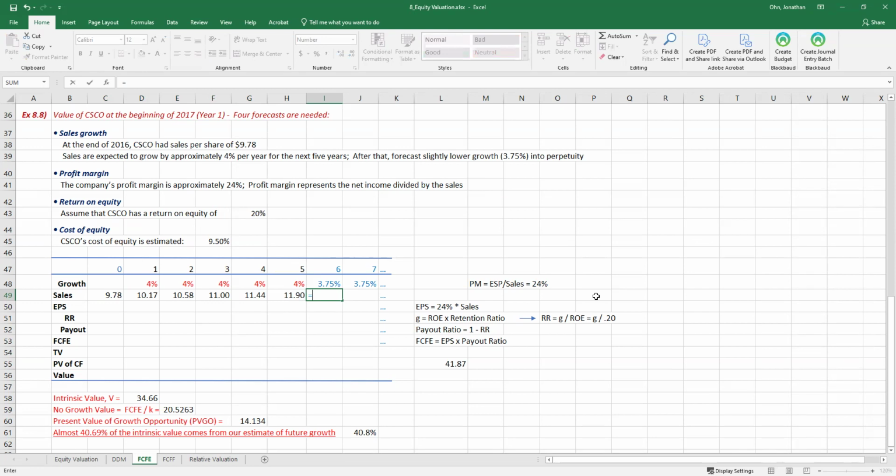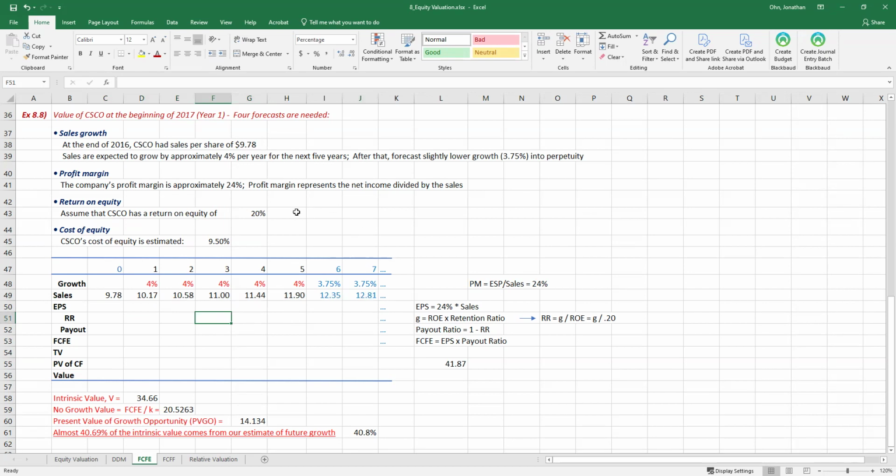So let's do this one: previous one times 1 plus 3.75% increase. And the same thing for the next year, so let's just copy and paste. These are all the projected sales for the future. So we successfully calculated the sales projection.